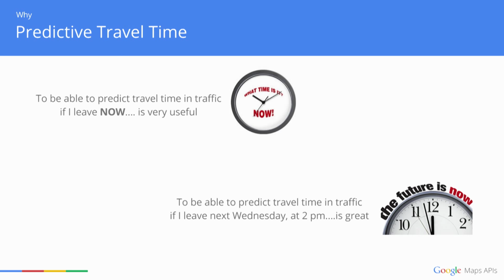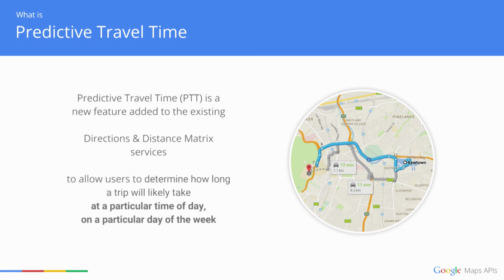So the Directions and Distance Matrix APIs have been used by developers for a long time to calculate travel times with live traffic. We've just extended that from just being available for the very near future to indefinitely far in the future to help developers with planning applications. So even if you're planning deliveries for next week, you can get estimates for what the traffic is likely to be to help you out with planning.